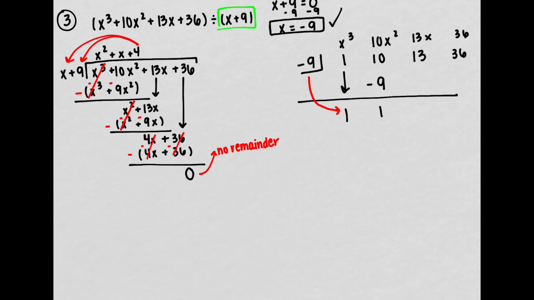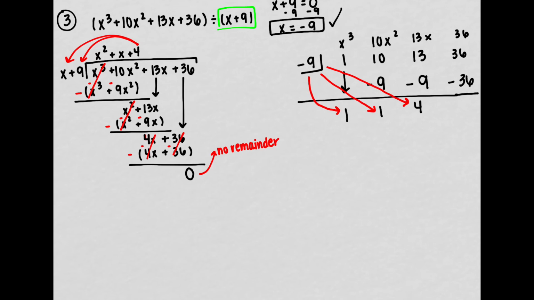And I multiply it again. Negative 9 times 1 gives me negative 9, so it goes underneath the 13 now. I go ahead and add 13 and negative 9 together, and that gives me 4. We're going to multiply 4 times negative 9 and get negative 36.